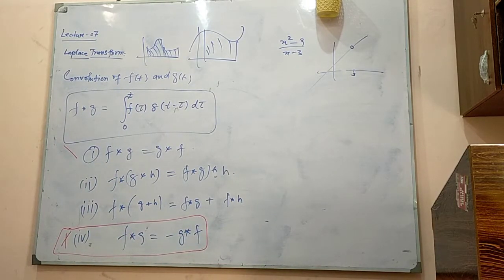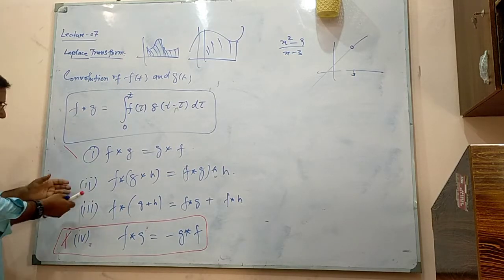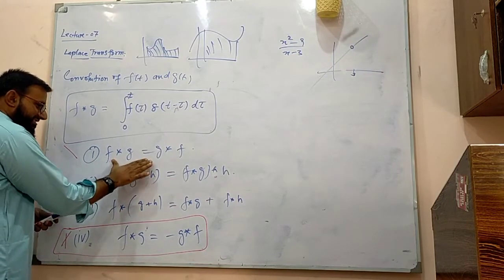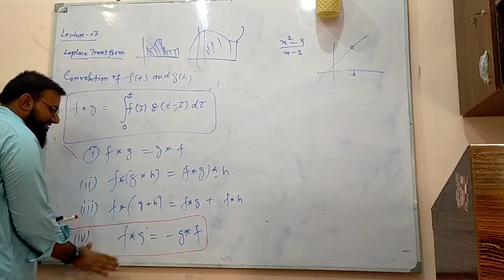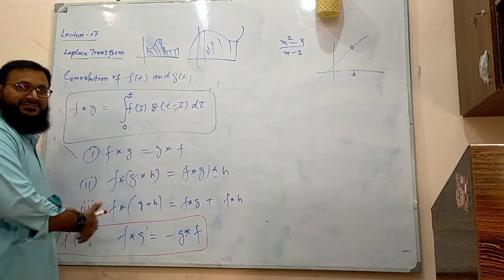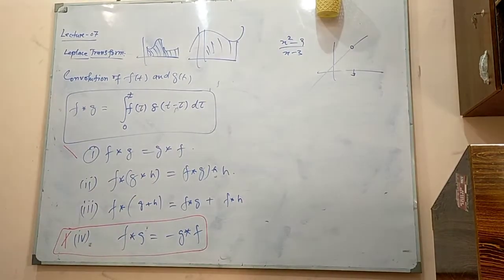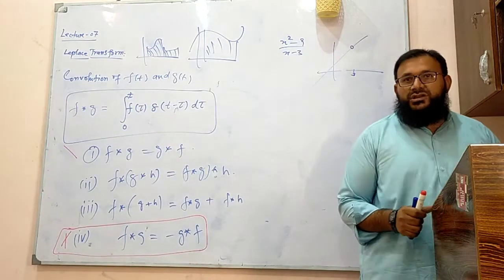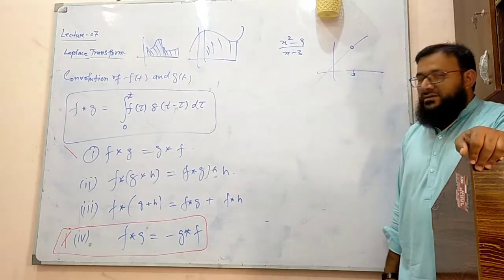There was a problem of time, so I managed to solve this question in this way. Let us not check all these things. I know very well this is true. I know this thing. I don't know these two things. If this is true, this must be false. This is the idea behind it. So you can verify these things easily, why this thing is true and why it is not.